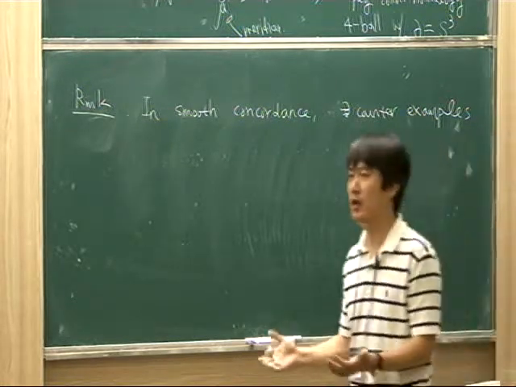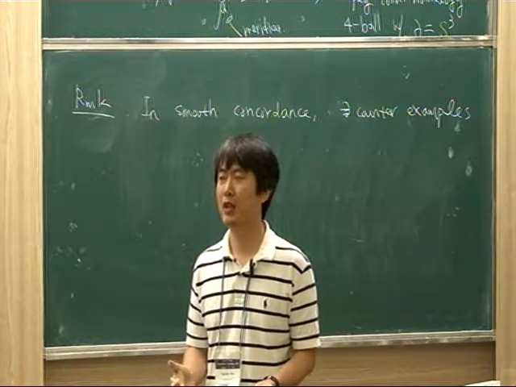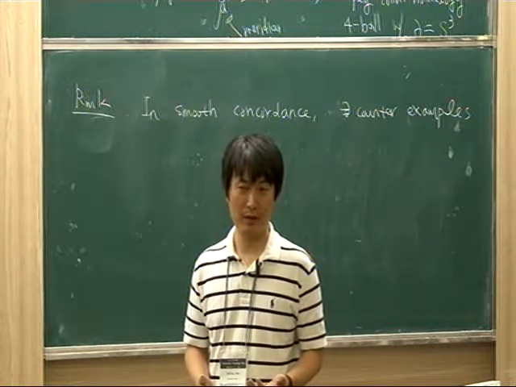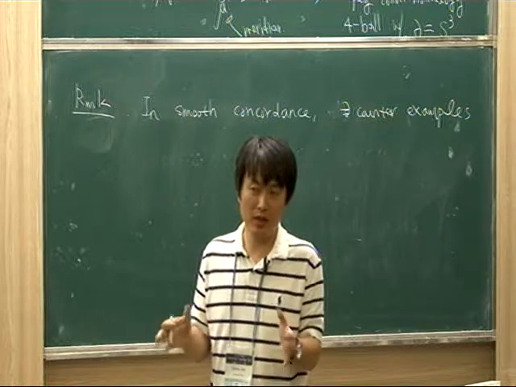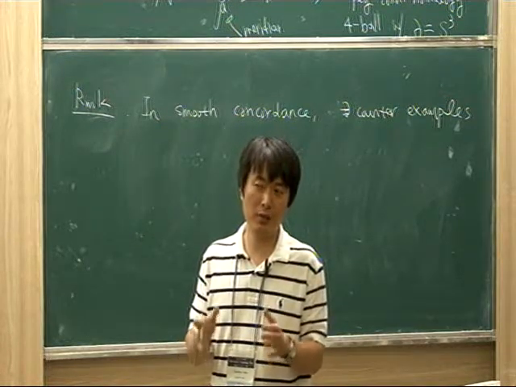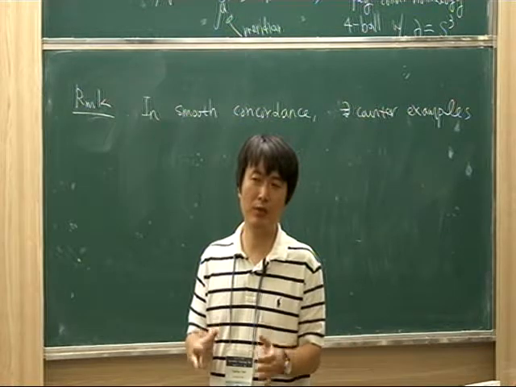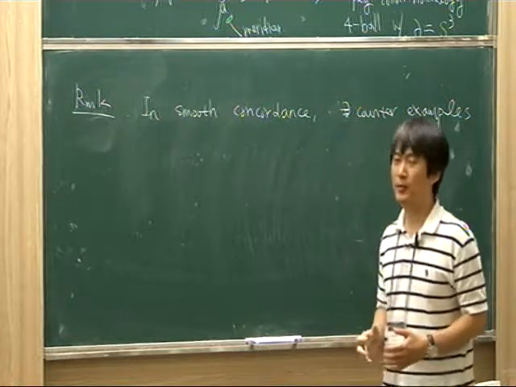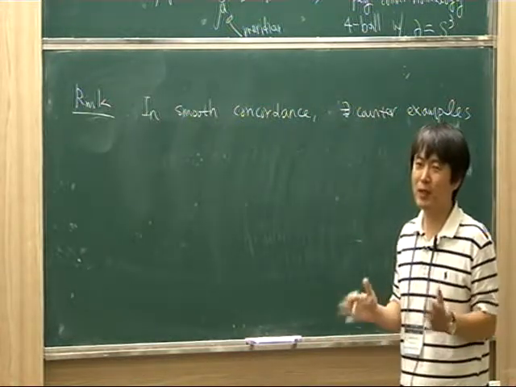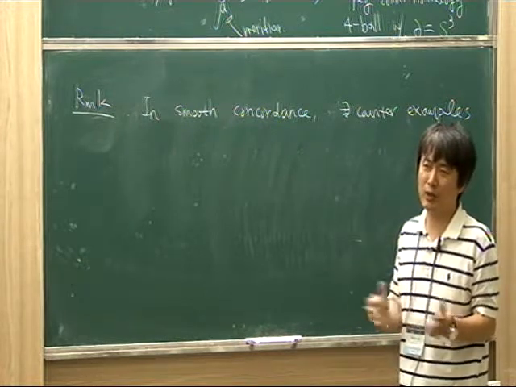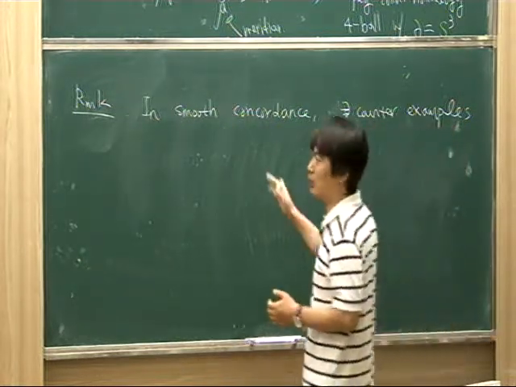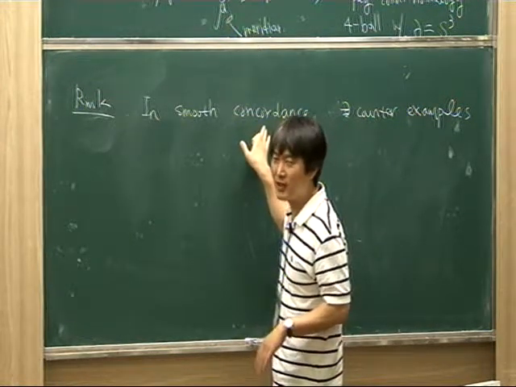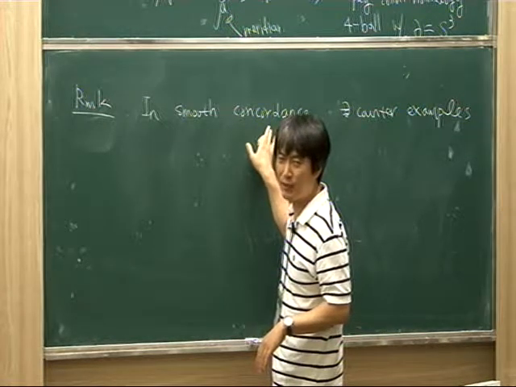The reason is that it's very easy: there exist non-smoothly slice knots with trivial Alexander polynomial. So using that, somehow we can cook up the desired examples. But that trick does not work in the topological case, because a knot with trivial Alexander polynomial is topologically slice by Freedman's work. These are big results found in the 80s by Freedman and Donaldson. I'm not going into this topic too much, but anyway, you can find an answer in the smooth concordance case very easily.